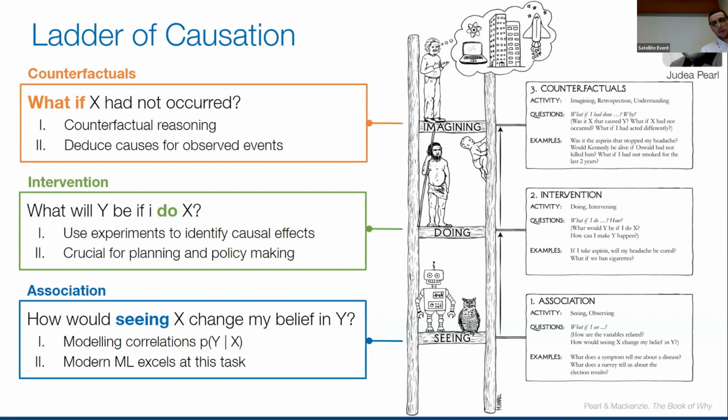And the final rung of the ladder has to do with counterfactuals, asking what-if type questions. So what if X had not occurred? This is essentially imagining thought experiments, deducing causes from observed events. And it's generally very challenging to answer this type of question.